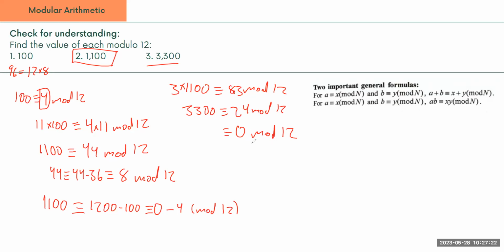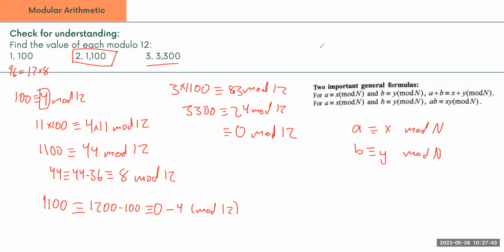So in this case, we exhibited one of the two general formulas that we'll be using for modular arithmetic. The first is, if we have a number A congruent to X mod n, and B congruent to Y mod n. Also, sometimes people put parentheses around the mod n.